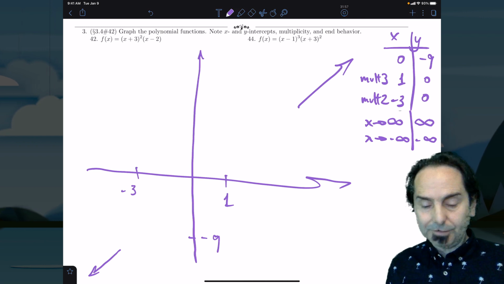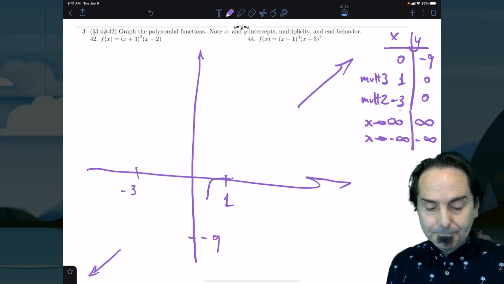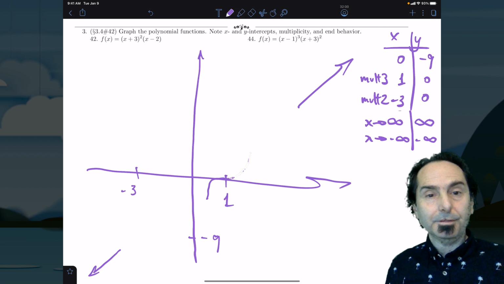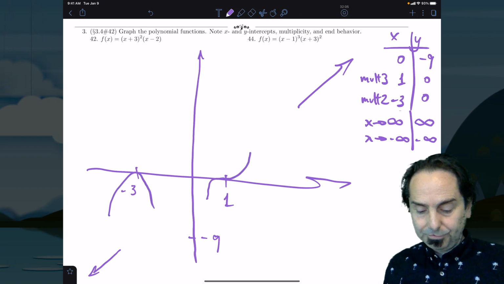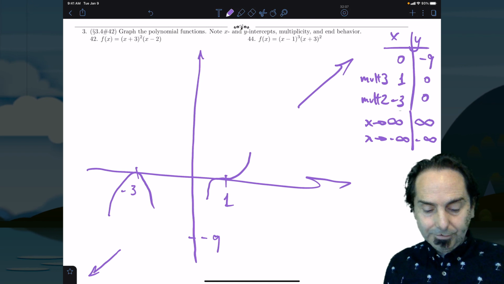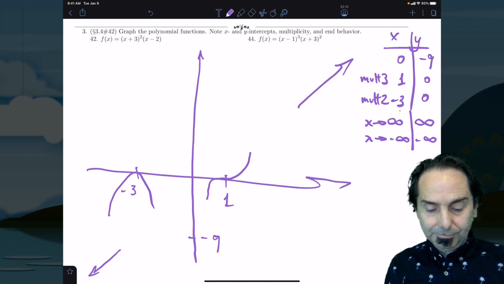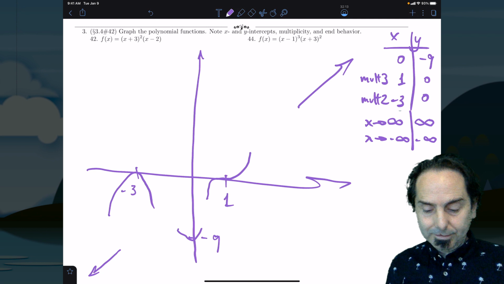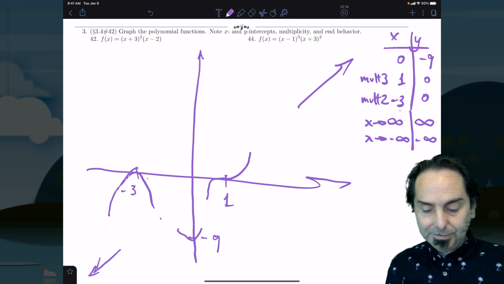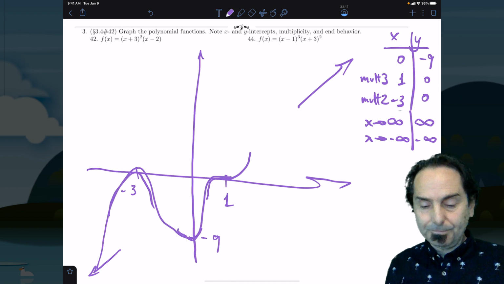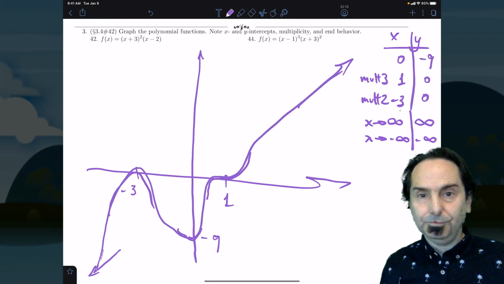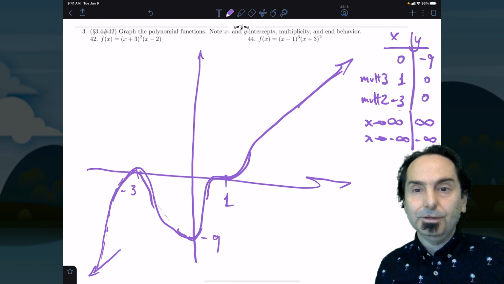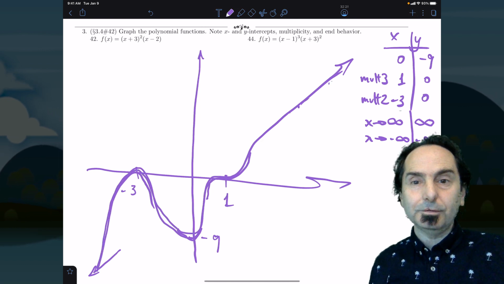At negative 3, with multiplicity 2, it looks like a parabola there, a quadratic function, and it goes through negative 9. So if I sketch this, it's going to look somehow like this. That's a rough sketch, but it does capture the end behavior, the intercepts, and the multiplicity. So that's it. Let's stop number 3 here, and we'll go on to number 4.